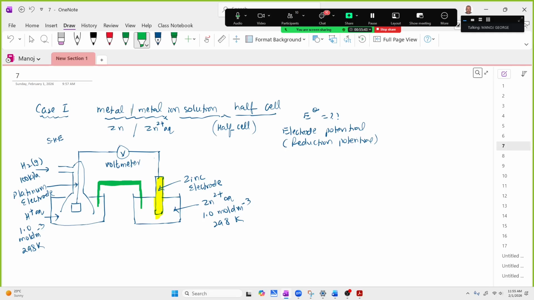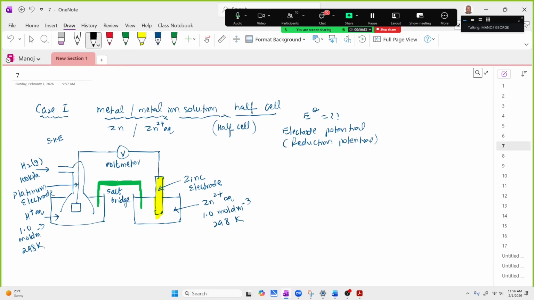I usually use tissue paper, and I dip the tissue paper in some kind of inert salt, so sodium nitrate or potassium nitrate, any inert salt. This is called the salt bridge. I'm going to give you a couple of points regarding the salt bridge. If this was not there, the cell is not going to work. And this salt bridge is packed with some inert salt, which is particularly very useful.